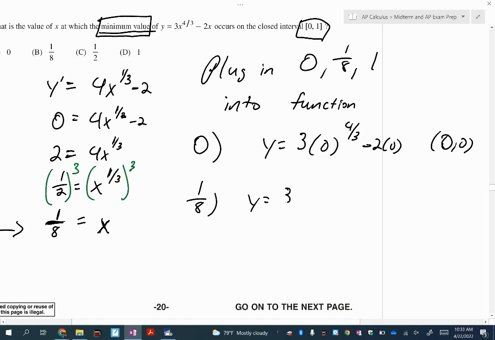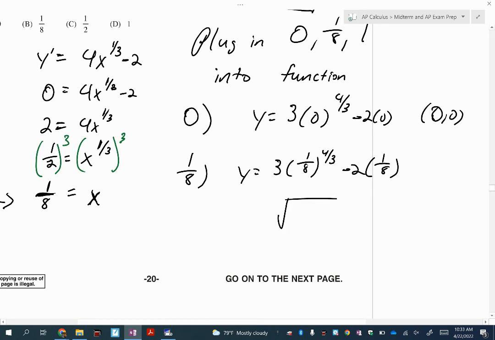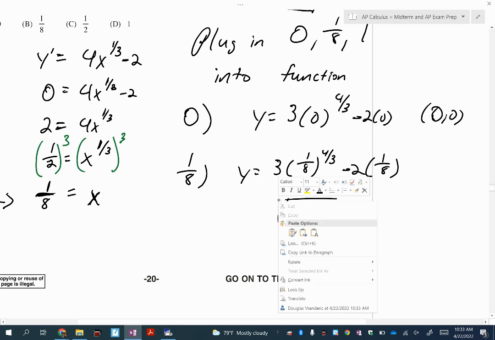So y equals 3 times 1/8 to the 4/3 power plus... This is pretty tricky here. The way that you can rewrite this is as a radical. Do you remember what to do with these parts of the fraction? What's that called?